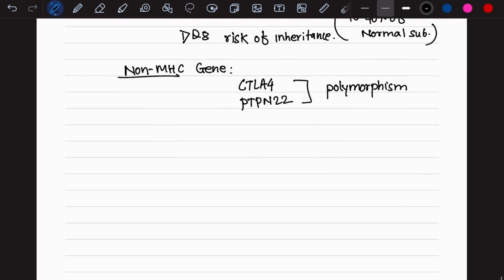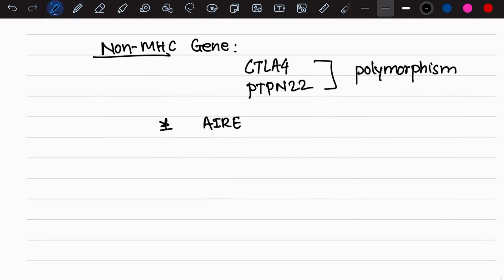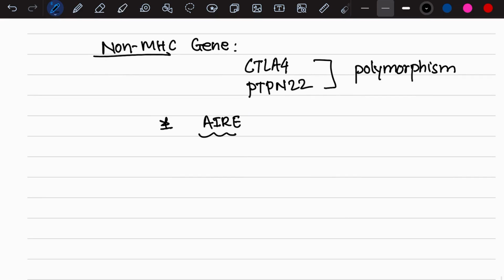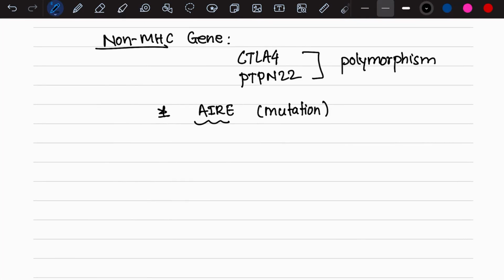Along with it, if there are mutations in the AIRE, autoimmune regulator gene, which encodes an immune regulator, and a mutation occurs in it, then type 1 diabetes may also occur.